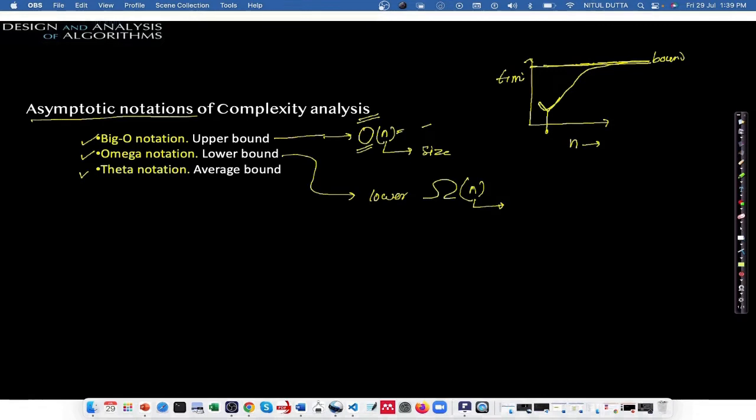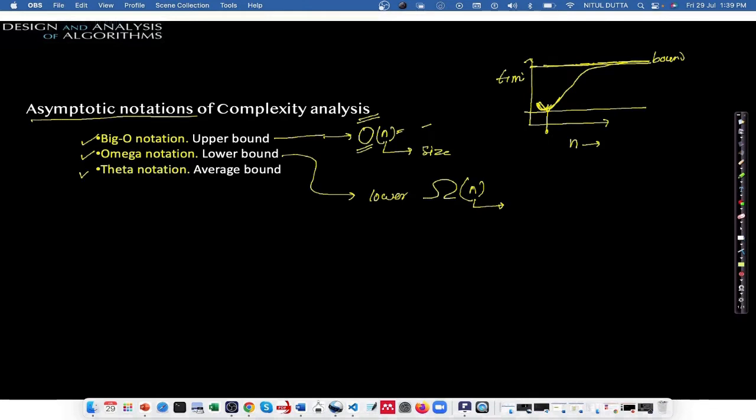Here we have seen that sometimes the time goes down, but it cannot go beyond a certain time. So what is the minimum time, not maximum, required to complete the task? That is represented by the omega notation.